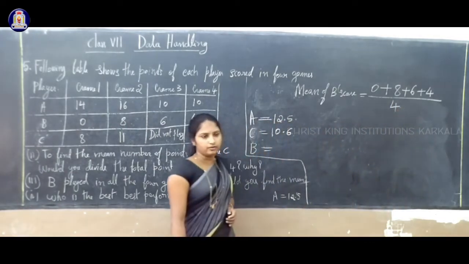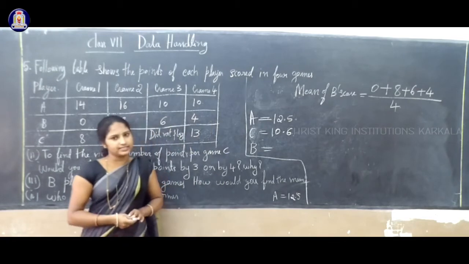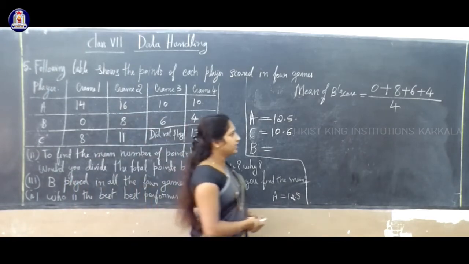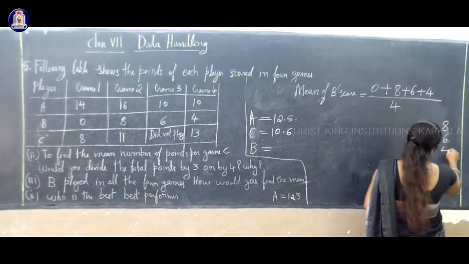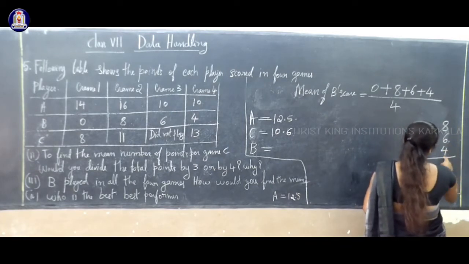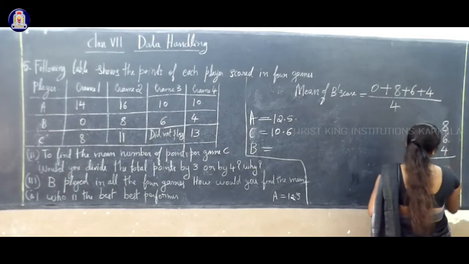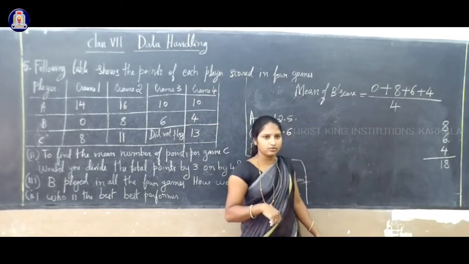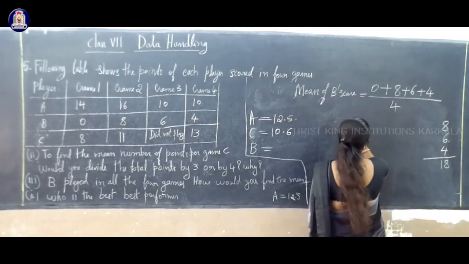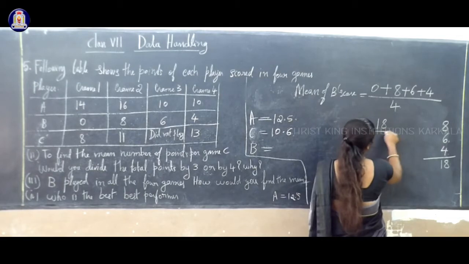Now we add the numerator. 0 plus 8 is 8, 6 plus 4 is 10, 10 plus 8 is 18. So we get 18, and 18 is divided by 4.